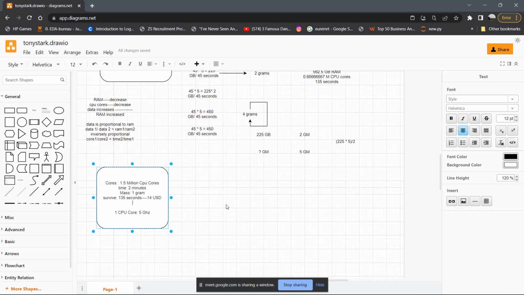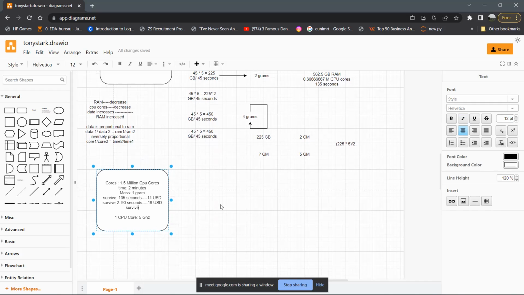Next is survive 2, which is 90 seconds, and here the organism can be sold at, let's say, 16 USD, and we have survive 3, where if it is 110 seconds, the organism can be sold at 15 USD. Now for each of these, make a solution.